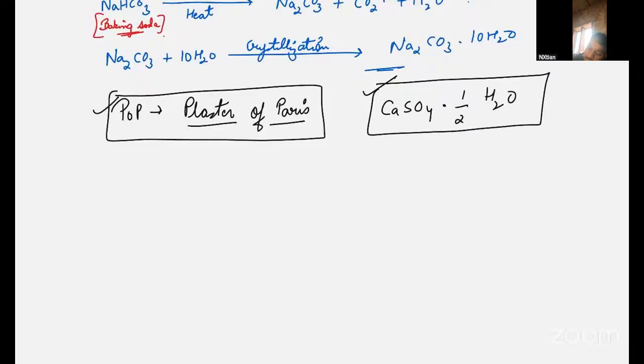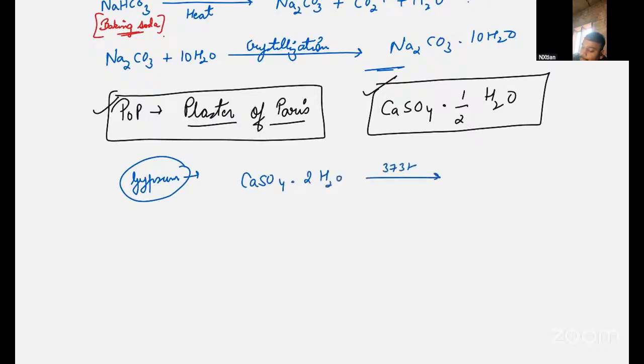How? See, if I take gypsum, which is CaSO4 dot 2H2O, and heat it at 373 Kelvin, then we will get POP, which is a powder.